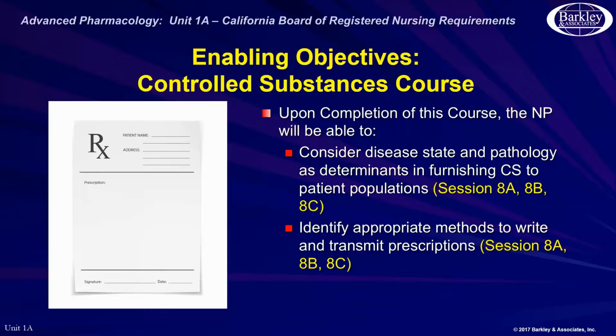These are considered throughout all of Sessions 8A, B, and C. These sessions encompass things like introductions to prescribing controlled substances, prescribing controlled substances safely, and implications of controlled substances prescribing. Additionally, students will be able to identify appropriate methods to write and transmit prescriptions.